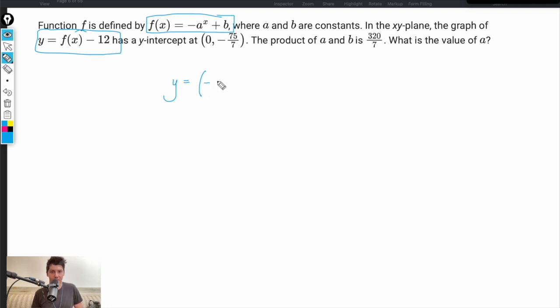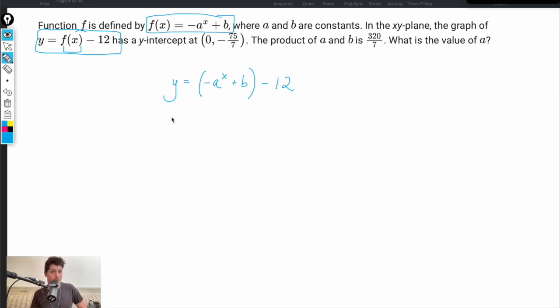That's f of x could be negative a to the power of x plus b, minus 12. I know those parentheses aren't really doing anything for me. They are, however, making clear that I've inserted something in the place of f of x. In the place of f of x, I've written the equation for f of x. So that's a little bit of a substitution, if you will.